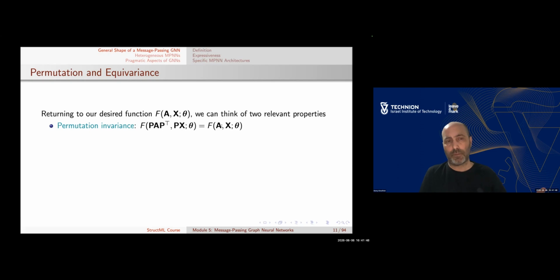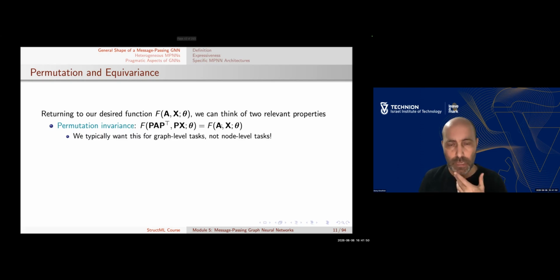That's what permutation invariance means. If we're looking at graph level tasks, this is what we want. But for node level tasks, that doesn't make sense. It just means if you're reordering the nodes, now V1 becomes V7, you still want to have the same result in the first line and the seventh line.